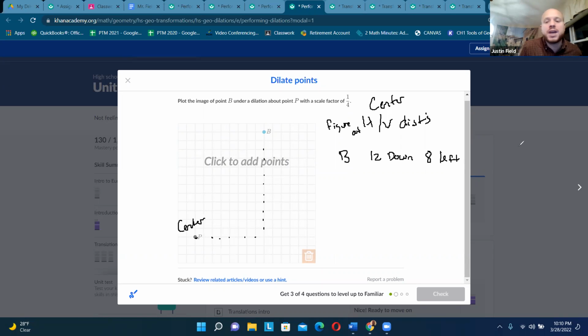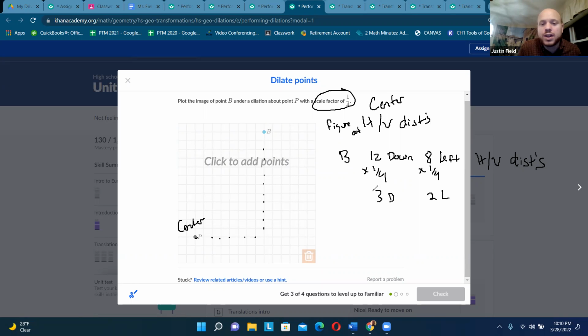All right, so those are my HV distances, horizontal and vertical distances. Now we multiply them by the scale factor, which is 1/4. So 12 times a fourth is 3. 8 times a fourth is 2.